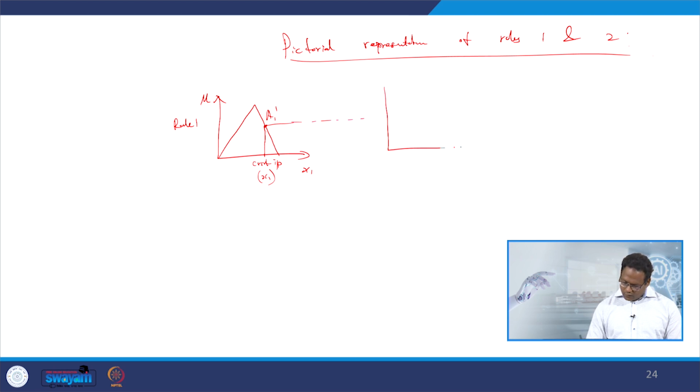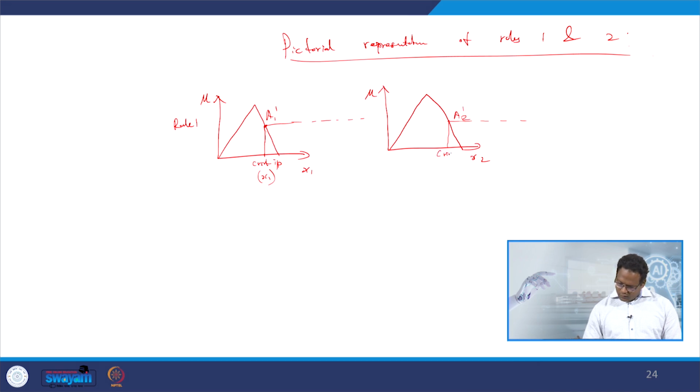Then for the second input x2, we have again a triangular membership. For this corresponding crisp value, we have here A21.